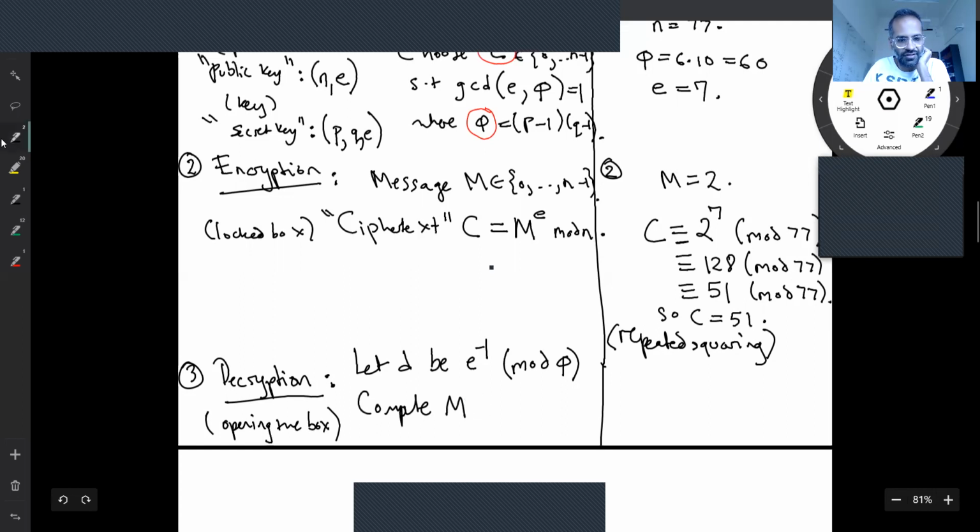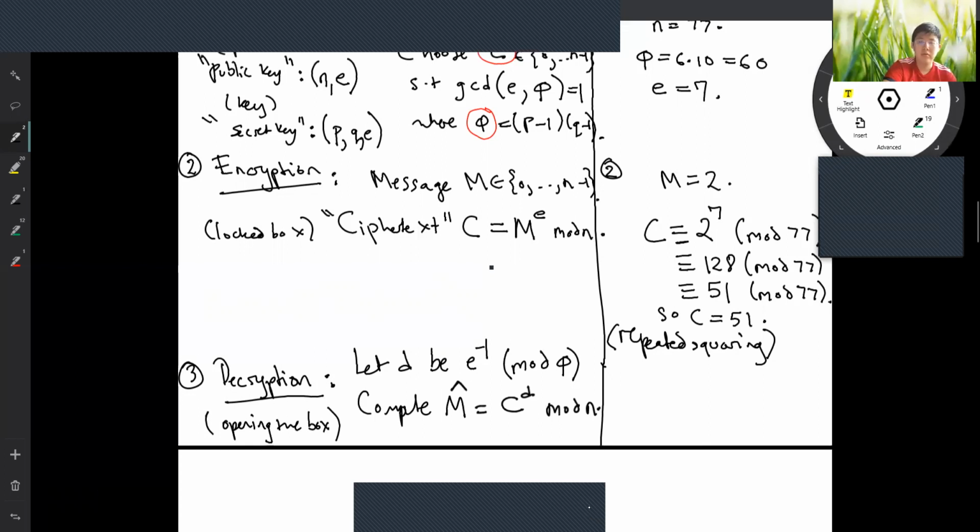Let's call it M hat, which is you raise the ciphertext to the power D modulo N. M hat equals C to the D. So you computed the inverse of E, this encryption key. And now to decrypt, you just raise the ciphertext to another power, namely D.